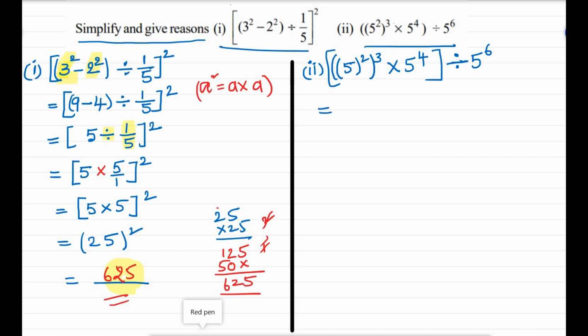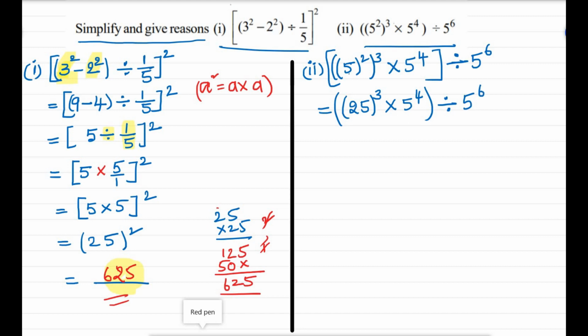So first simplify the bracket terms. 5 square is 25. So 25 whole power 3 times 5 to the power of 4, put in bracket, divided by 5 power 6.